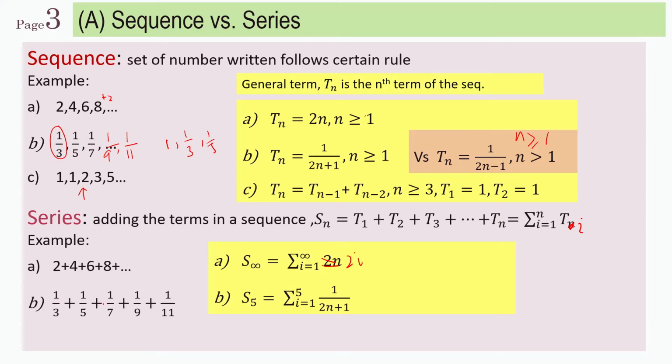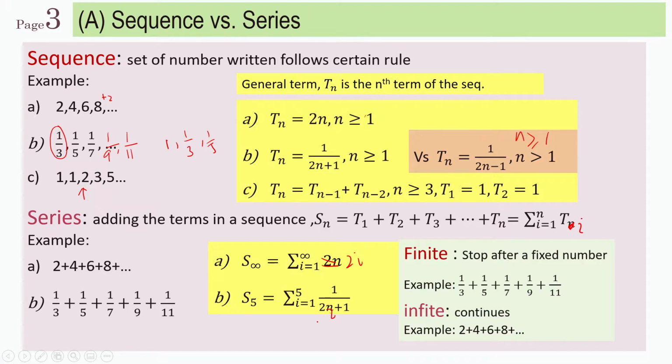And for the second one, we are only adding 1 over 3, 1 over 5, 1 over 7 until 1 over 11 only. So over here I only have 5 terms, from the first one until the number 5, and the term is 1 over 2i plus 1. We have a name for a sum that stops after only 5 terms.